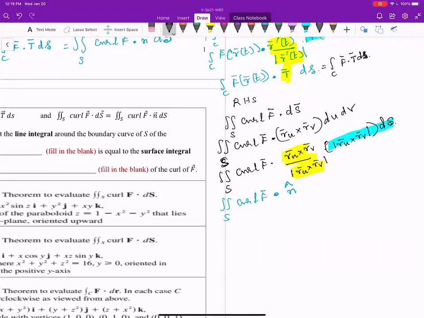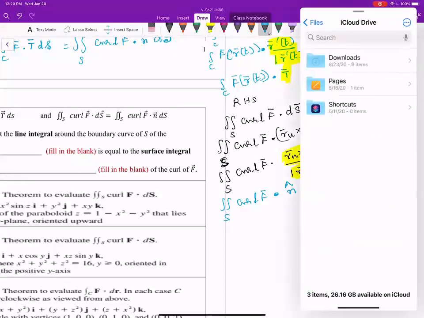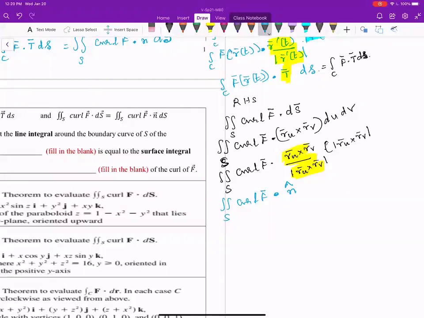So it is going to be this will be dot n. This is the unit normal vector, and then the uppercase.